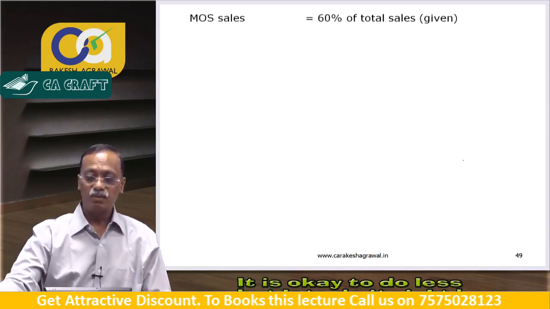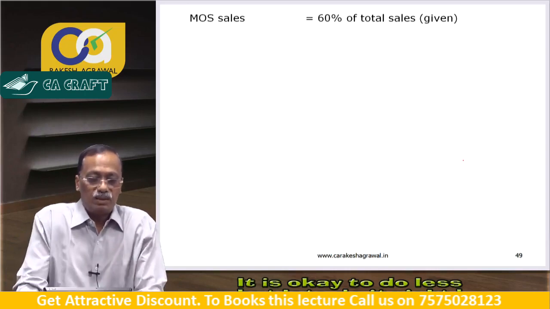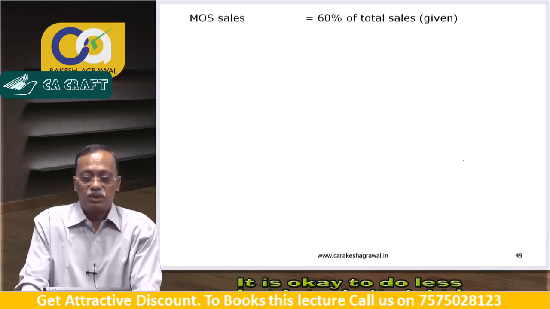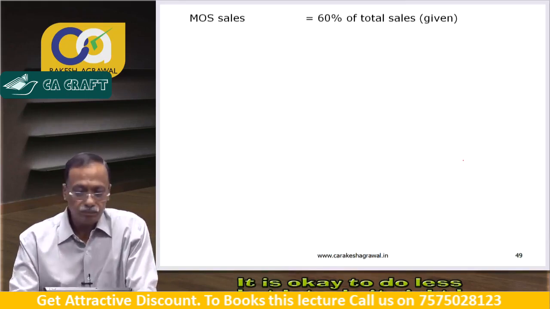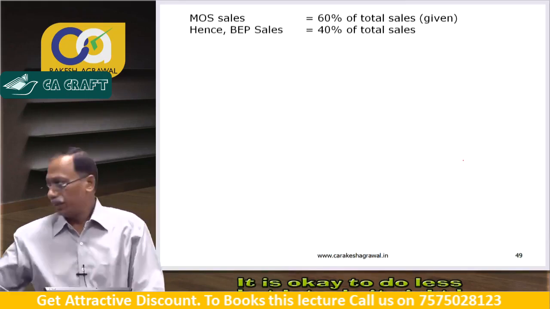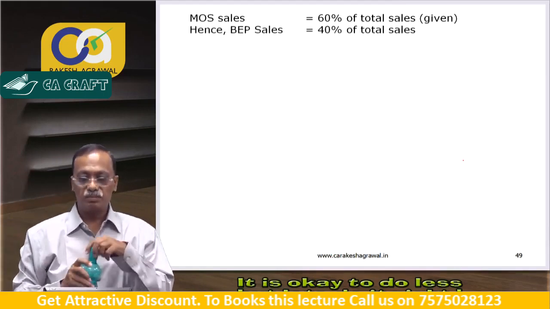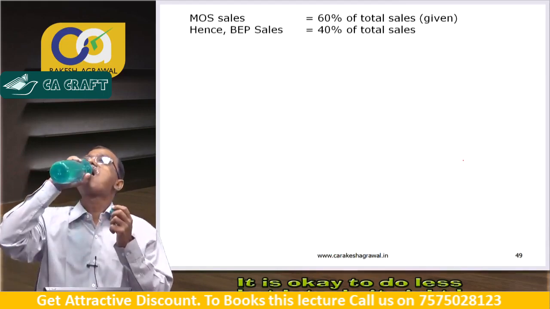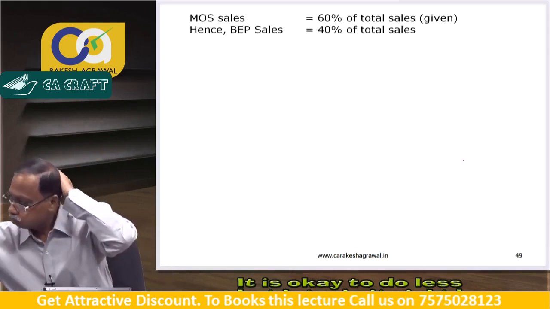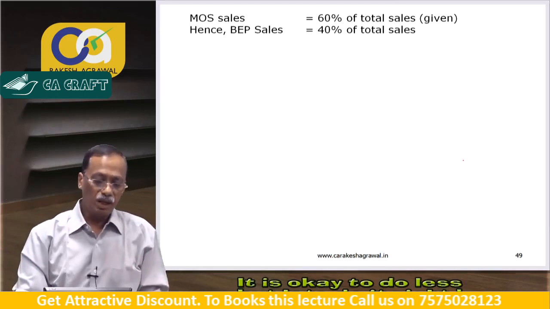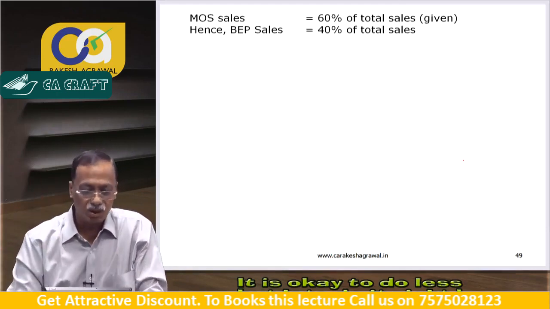MOS sales is equal to 60% of total sales. This is given. Hence, BP sales is 40% of total sales or annual sales, whatever you call.